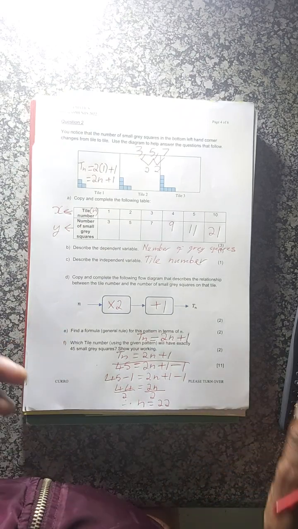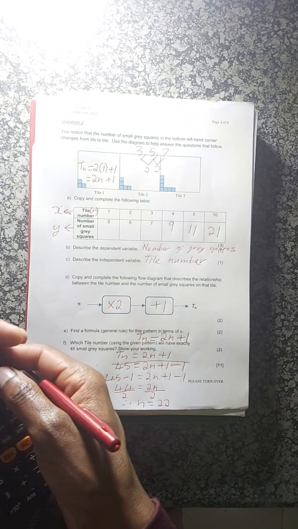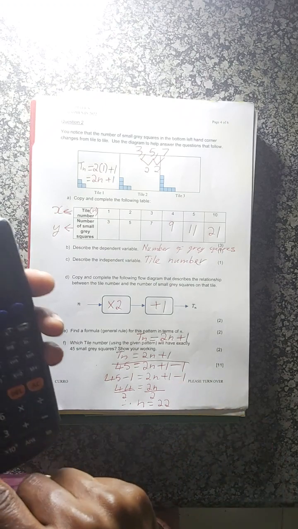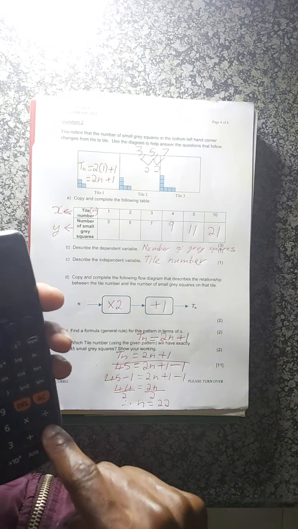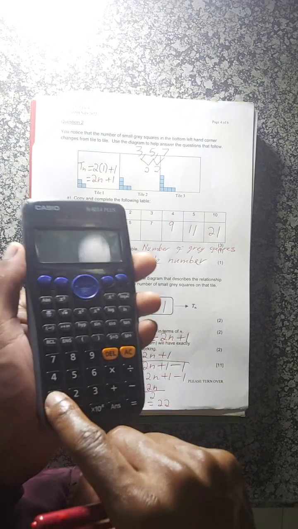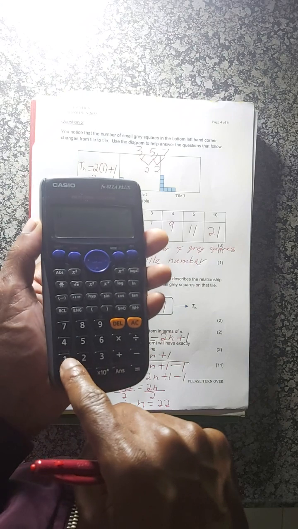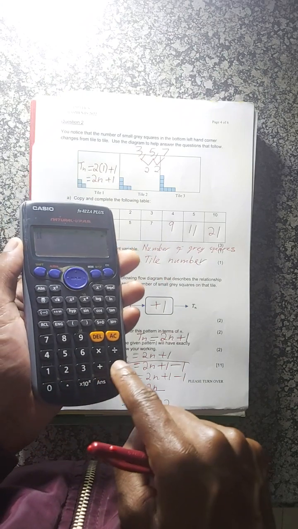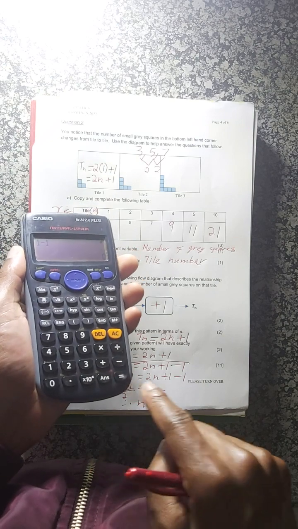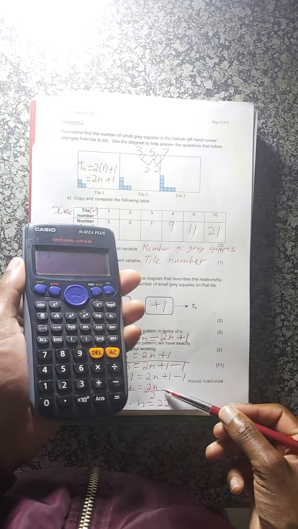You can always confirm your answer by using your calculator. So first of all, positive 1 minus 1, what do I get? 0. Do I write the 0? No, I don't.